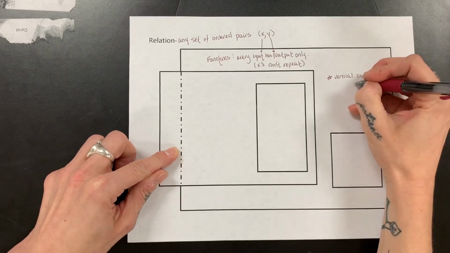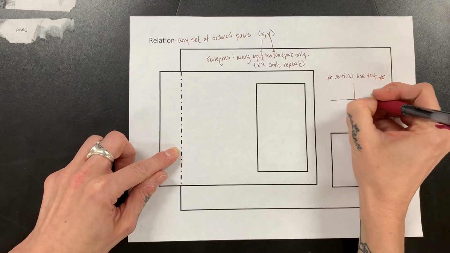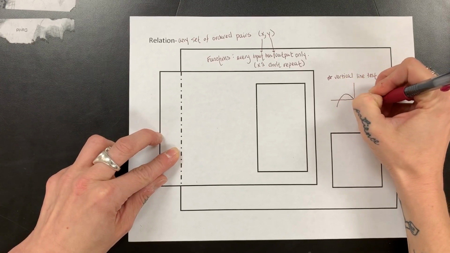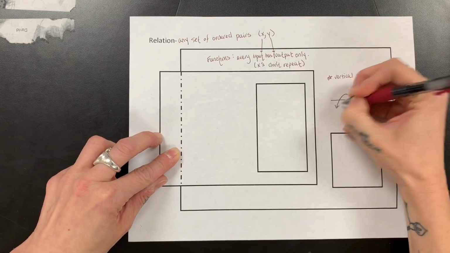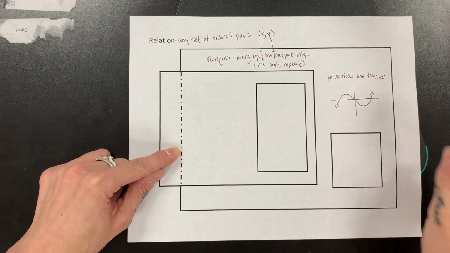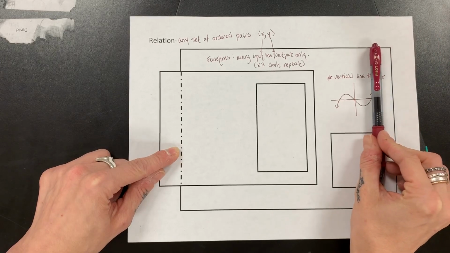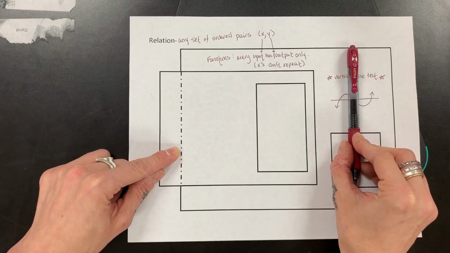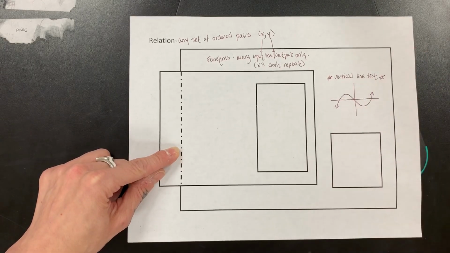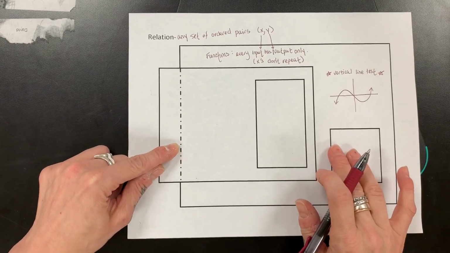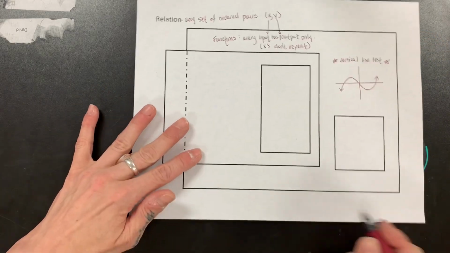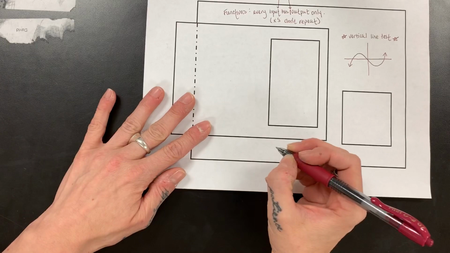So that says, right, that if we're looking at a graph on a coordinate plane, and we see something like this continuous graph, if we place a vertical line anywhere on our graph, that vertical line should touch the graph only once.